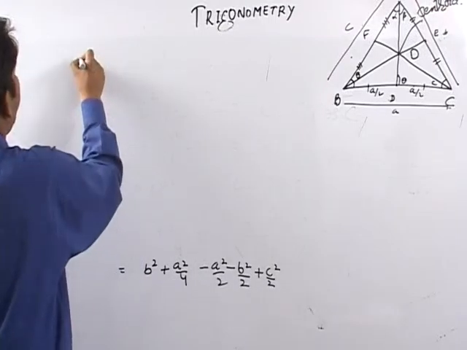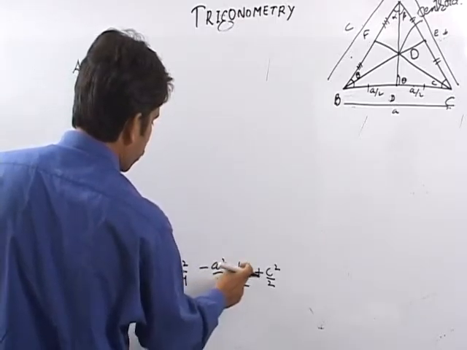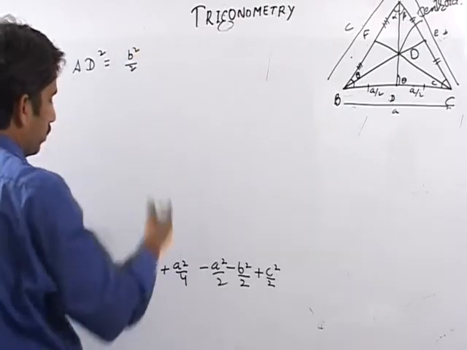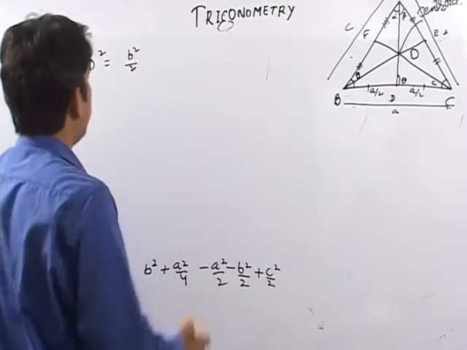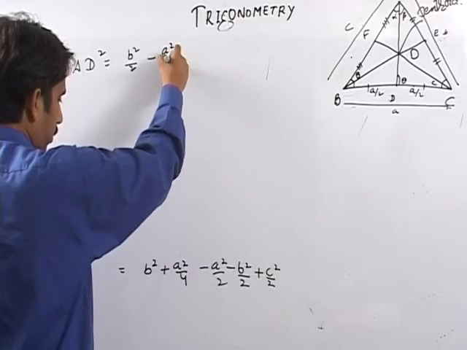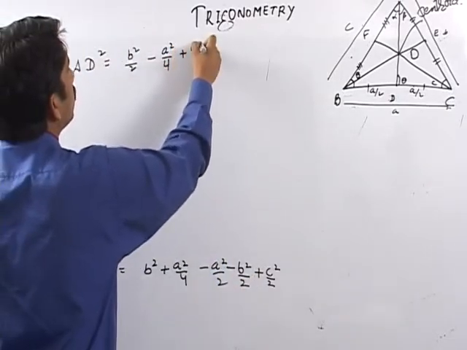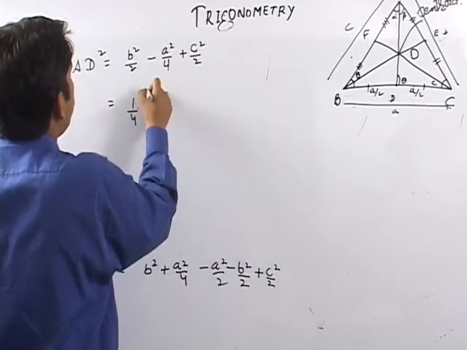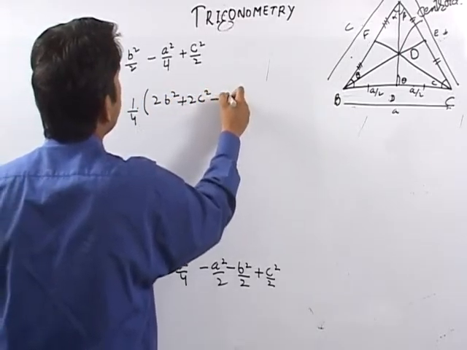Now AD square will be equal to B square minus B square by 2, this will become B square by 2, A square by 4 minus A square by 2, this will be equal to minus A square by 4 and plus C square by 2. So when you take LCM, this will be 1 by 4 into 2B square plus 2C square minus A square.